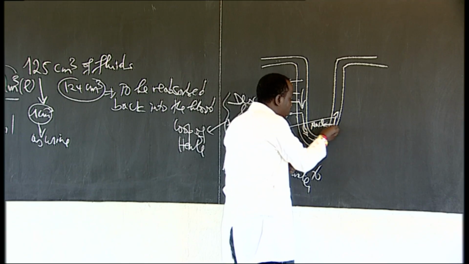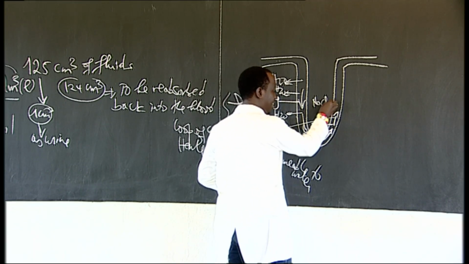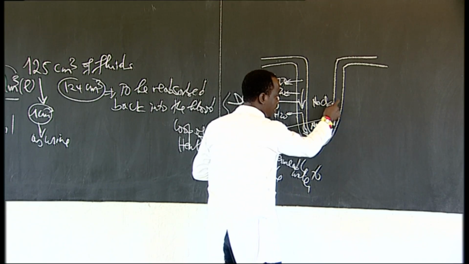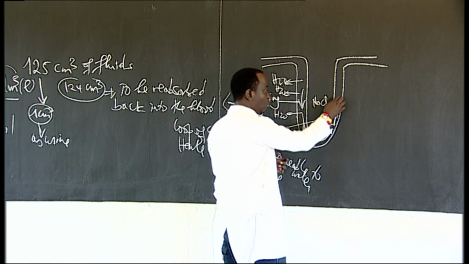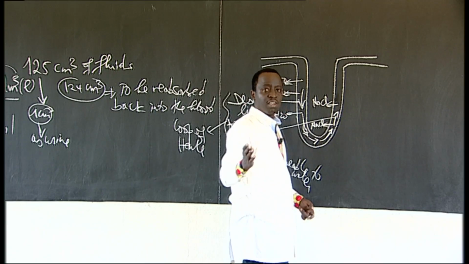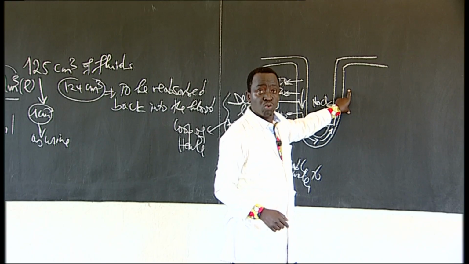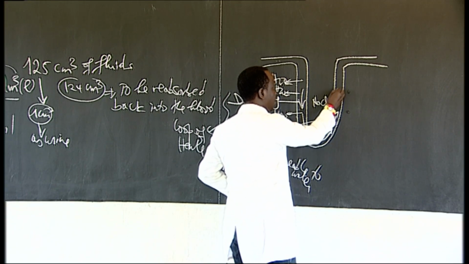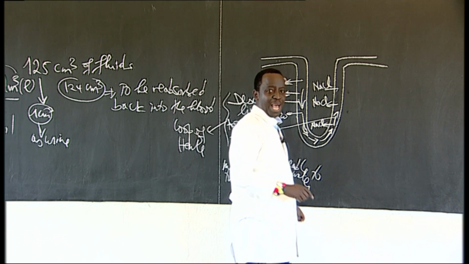It's going to be removed. Sodium chloride is removed. Then water remains here. Water is remaining on this side because this ascending limb is what? Is impermeable to water. And then this continues to be removed out. Are you getting this?